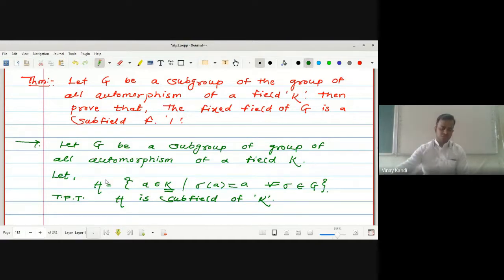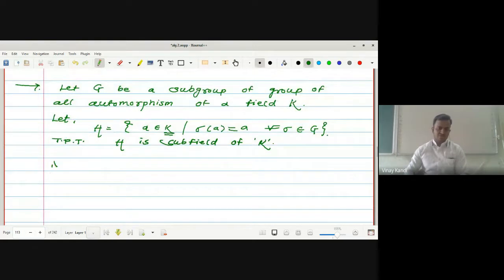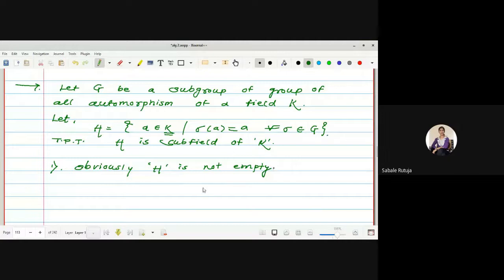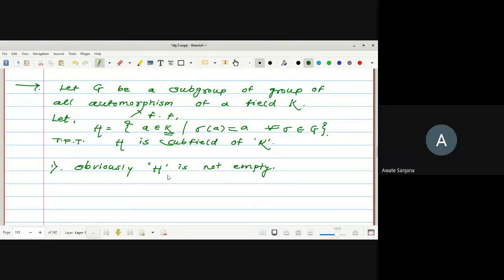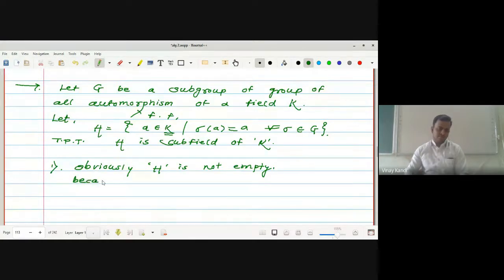Now, first condition. Obviously, H is not empty. Why? Because the identity mapping is an automorphism which must be in H. In H there are elements, not functions. Okay, they are elements. I have to show an element such that sigma of A is equal to A. Which two elements would be there? Very good, 0 and 1. Because at least 0 and 1 are in H. Why?